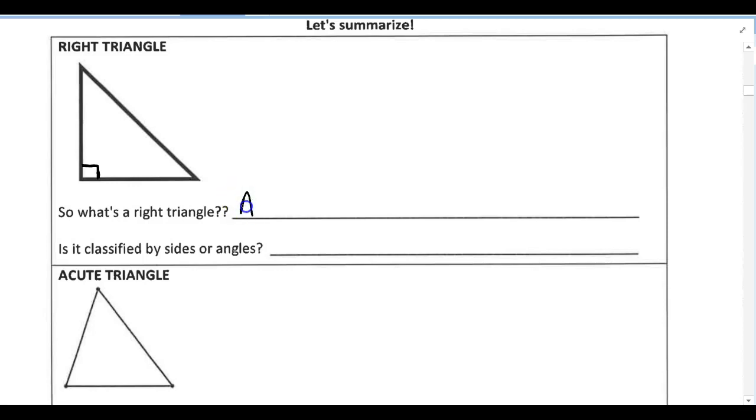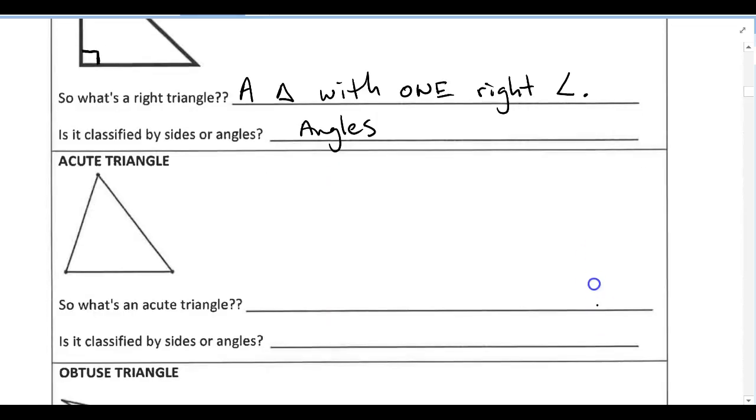This is a triangle, notice the triangle symbol there, with one right angle. Okay, we're classifying it by angles. So that's our first type of triangle classified by angles.